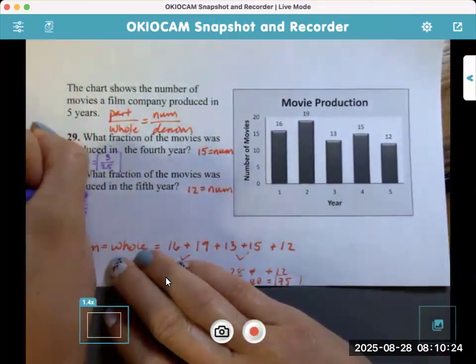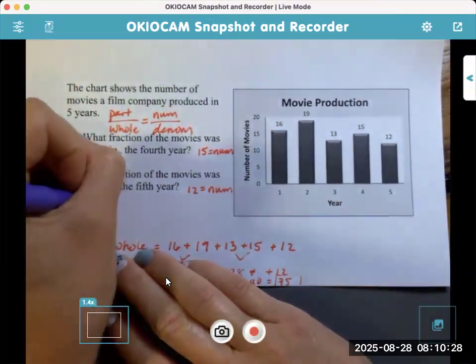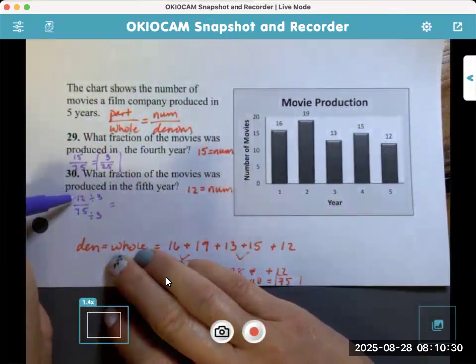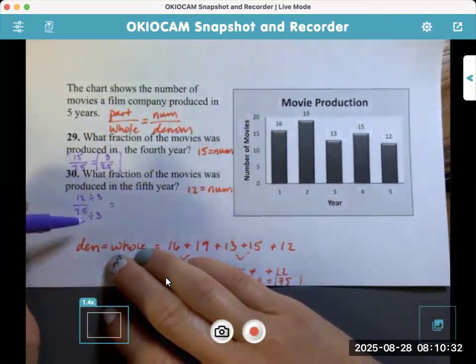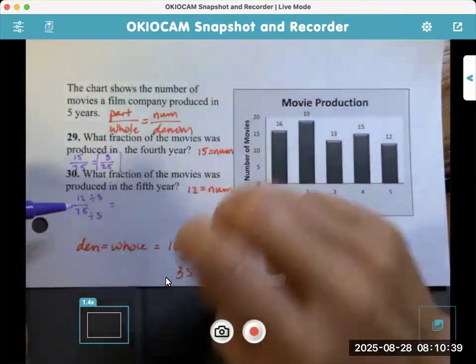For the 5th year, 12 over 75, I know both of these are divisible by 3, so I'm dividing them by 3 each. The reason we are allowed to do this, sorry I'm saying it so late, is that anything we do to the top, we have to do to the bottom. We have to keep it balanced.